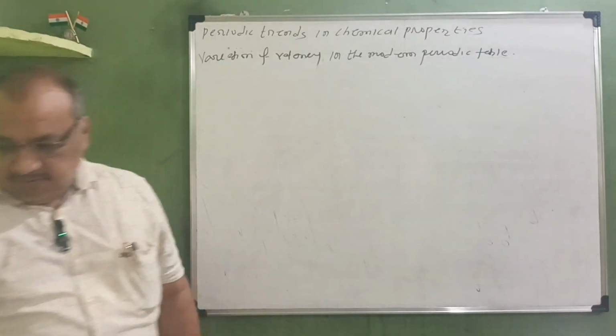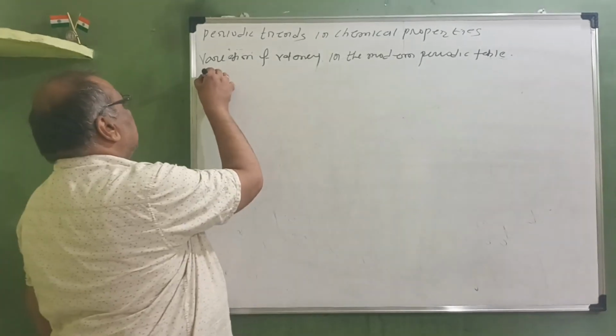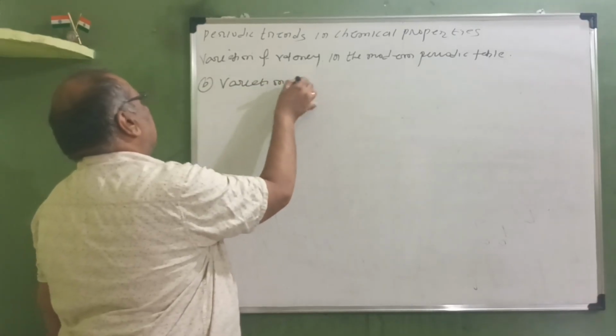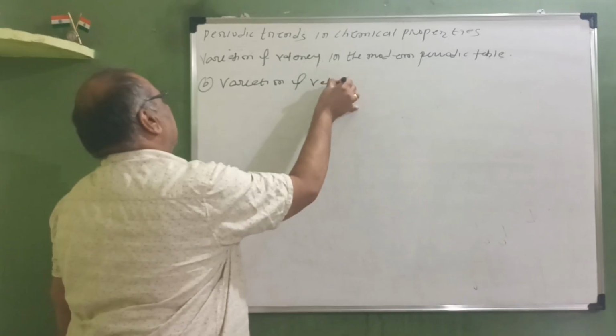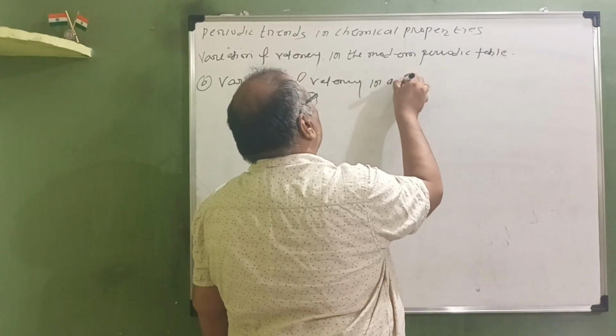then write down second. Variation of valency in a group.